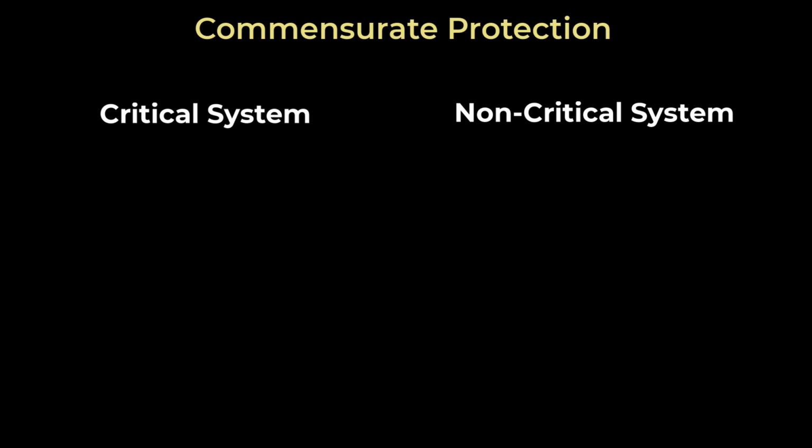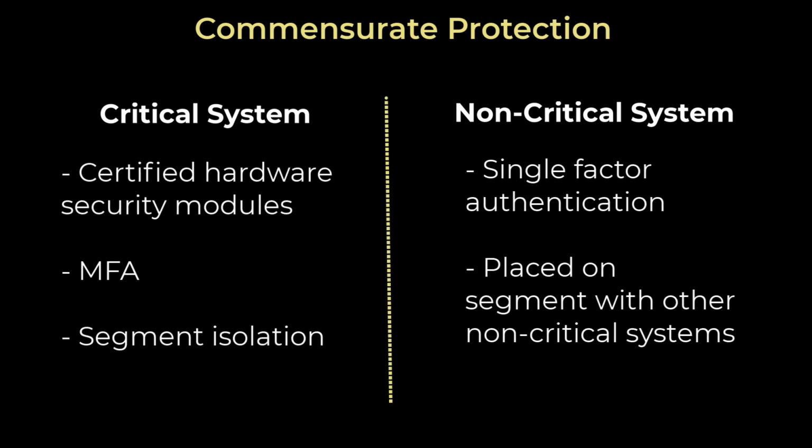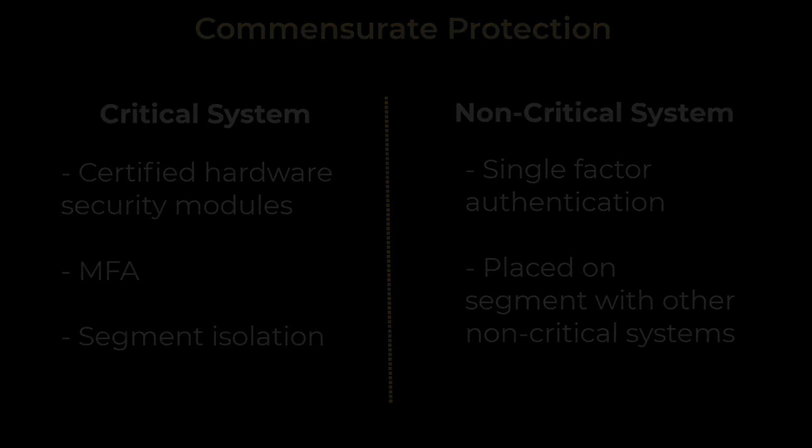For example, if a system function could lead to catastrophic loss, such as a control system for critical infrastructure, you would employ very high assurance layered protections for that function, including certified hardware security modules and multi-factor authentication. For a less critical function, you might accept a lesser degree of security measures that's commensurate with its lower risk. This way, resources are allocated where they are most needed.